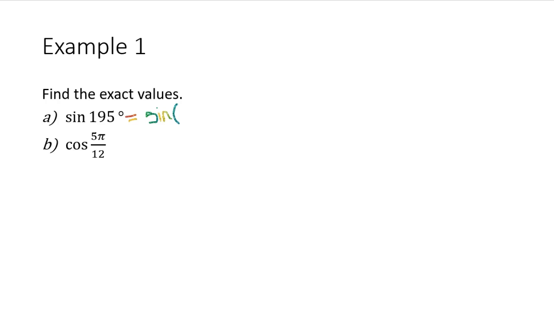And the one that I see here is 135 plus 60. 135 is over in quadrant 2, and 60 degrees is over in quadrant 1, and these are both on the unit circle. All right, now let's apply our sum property.